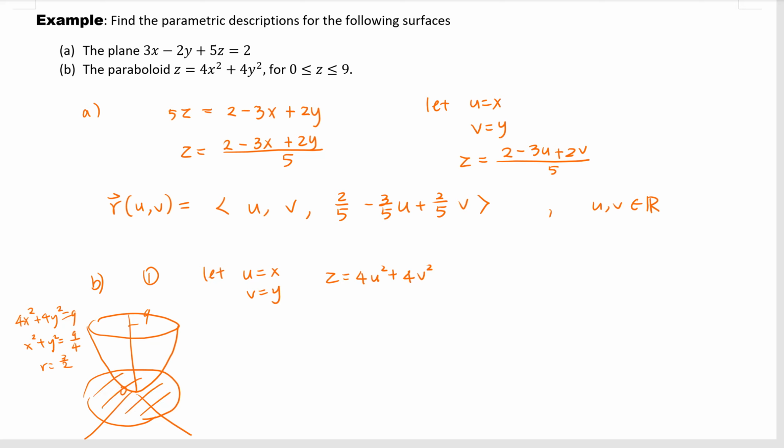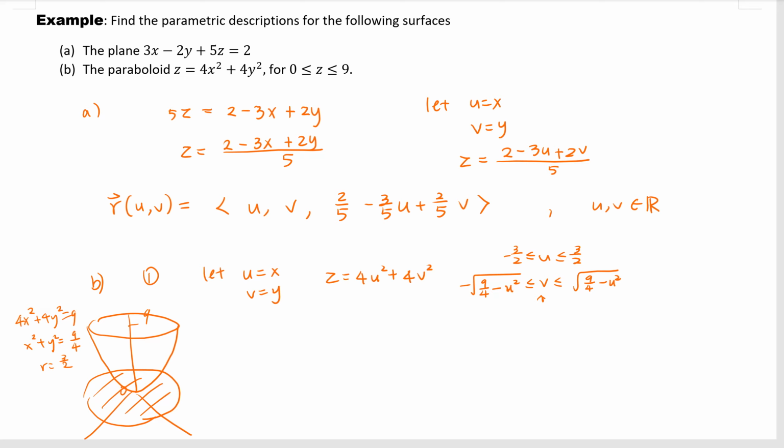Because it's a circle, we can let u be between minus 3 over 2 and 3 over 2, but then v will be between negative square root of 9 over 4 minus u squared and positive square root of 9 over 4 minus u squared. So you can see the boundaries of v depend on u in this case.